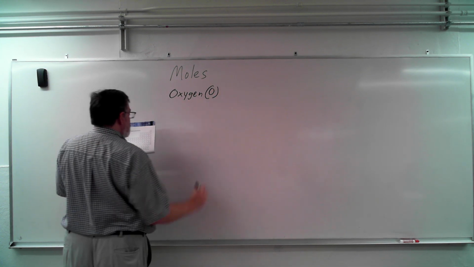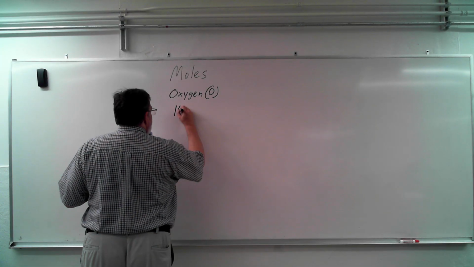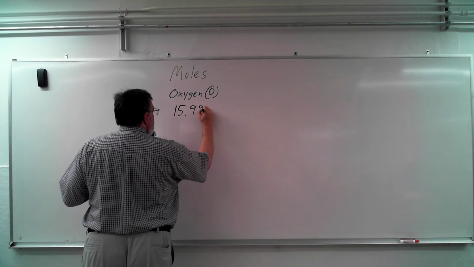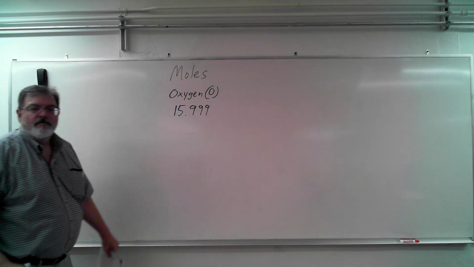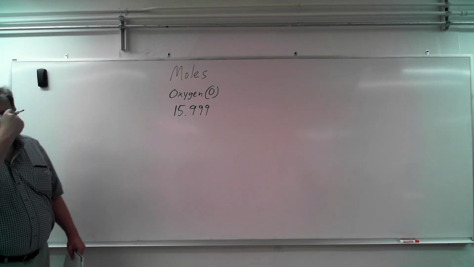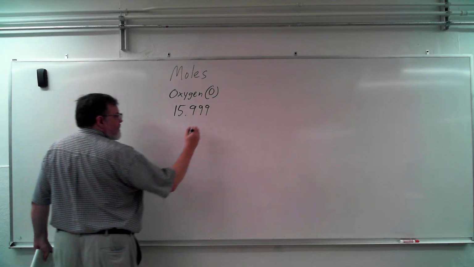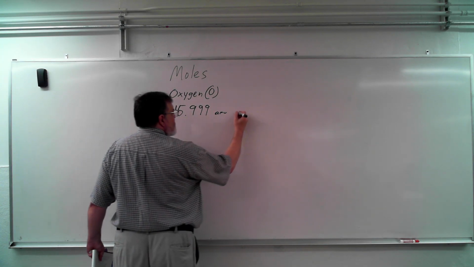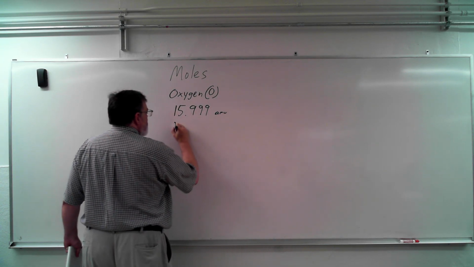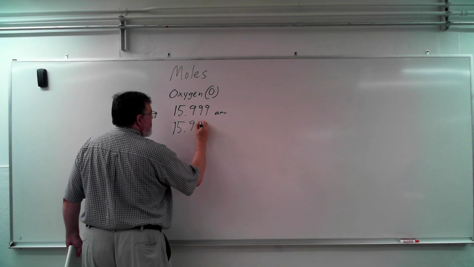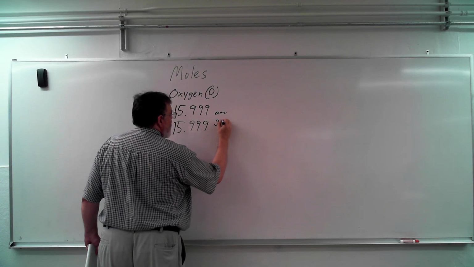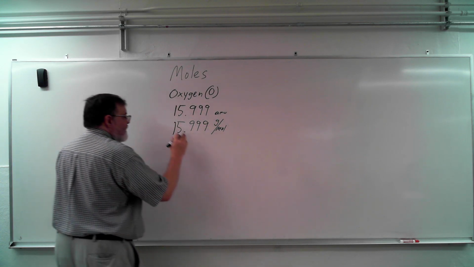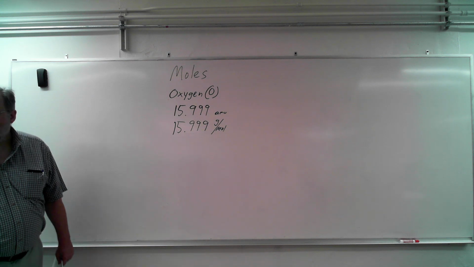Symbol O on the right side near the top. Do you see the number? That is sometimes called AMU when we're talking about isotopes, but most of the time what we mean is 15.999 grams per mole. And that's the number we use most of the time from the periodic table.